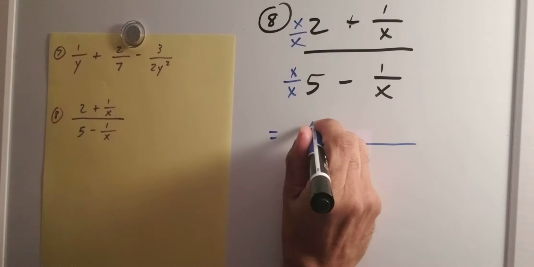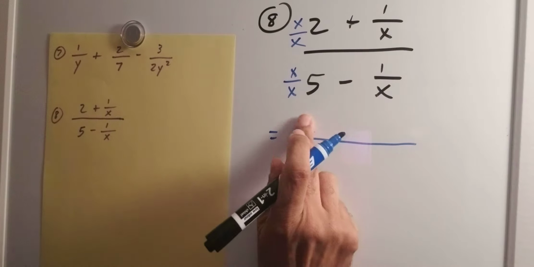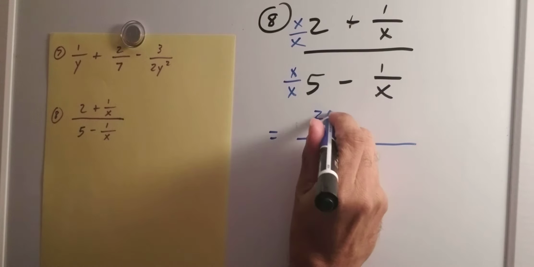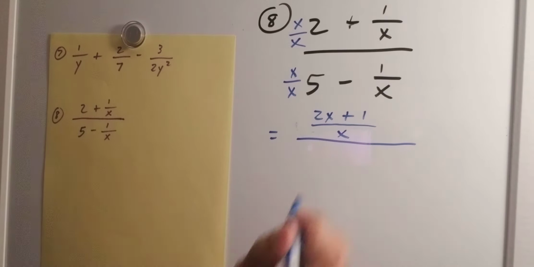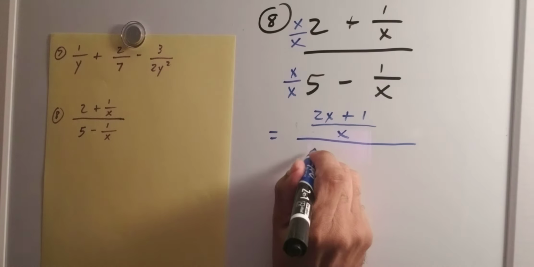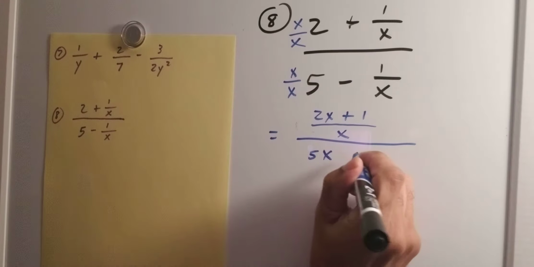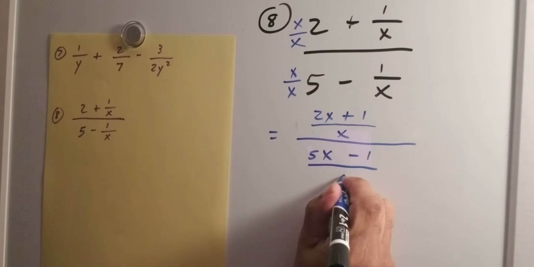That brings us to 2. Bring this up. 2x plus 1 divided by x. And in the main denominator, we have 5x minus 1 divided by x.